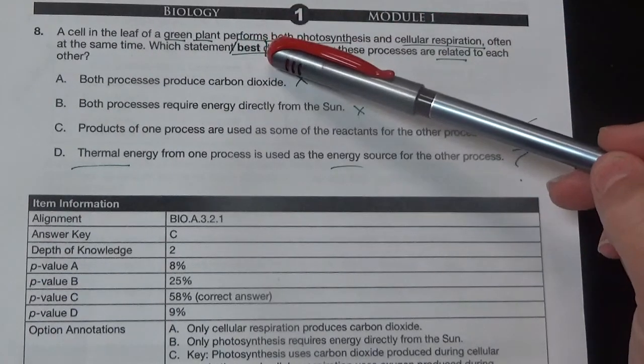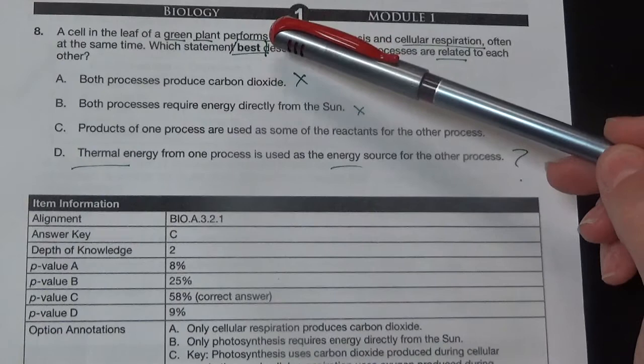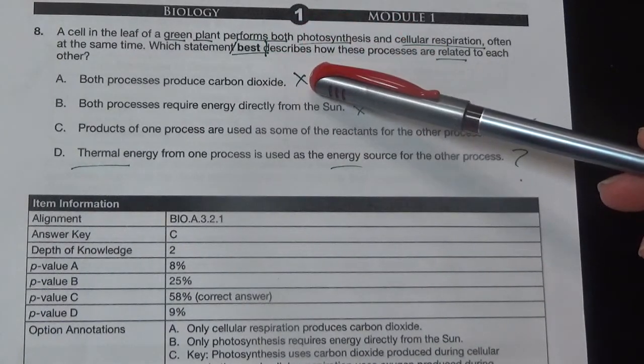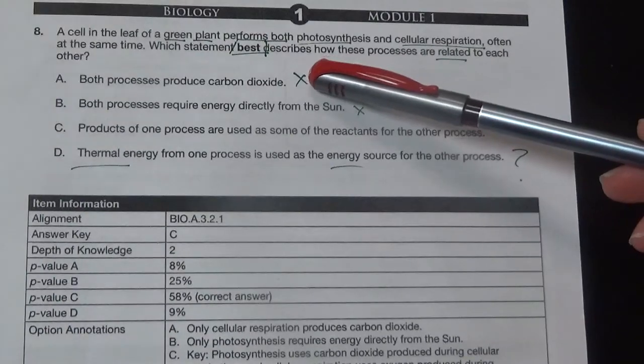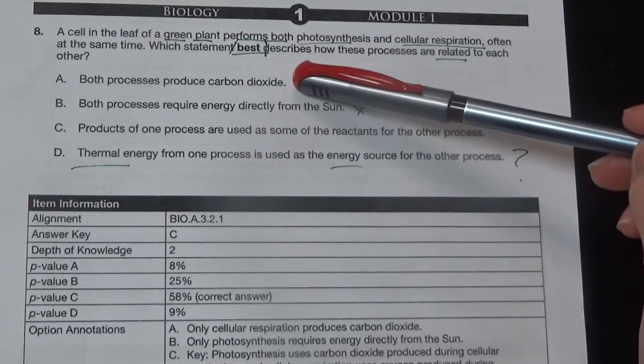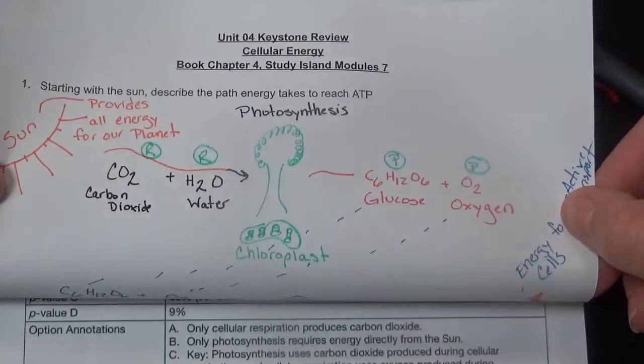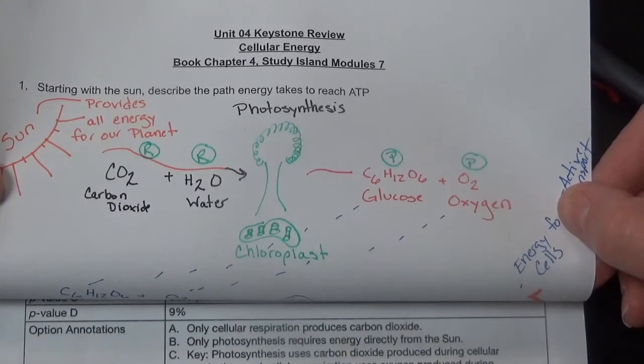So again, we're looking at the question and saying how it best describes. So let's look through all of the choices. Both produce carbon dioxide. We know that photosynthesis does not produce carbon dioxide. If we look back at our photosynthesis equation, photosynthesis does not produce carbon dioxide.